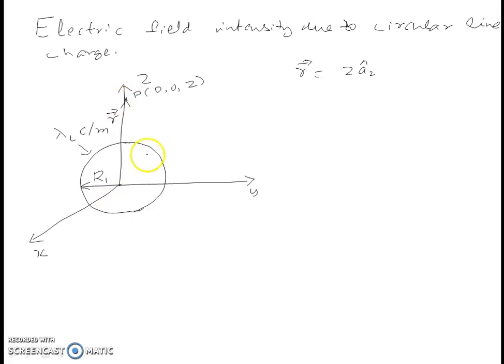Due to this entire line charge, we will consider a differential line charge. So here the length of this element is r1 d phi, and the charge within this element is given by lambda L dl.